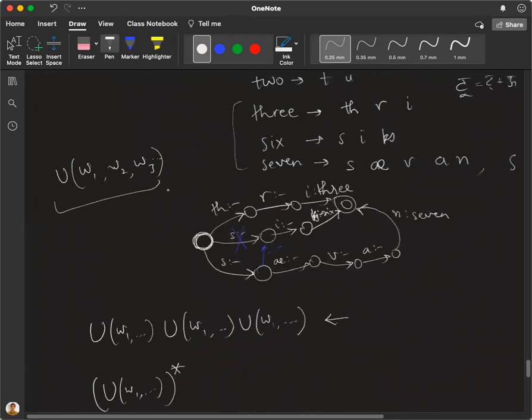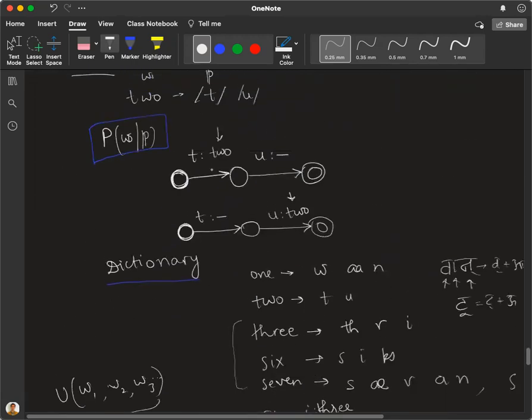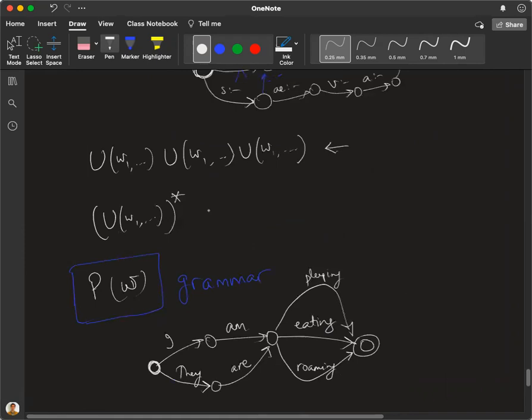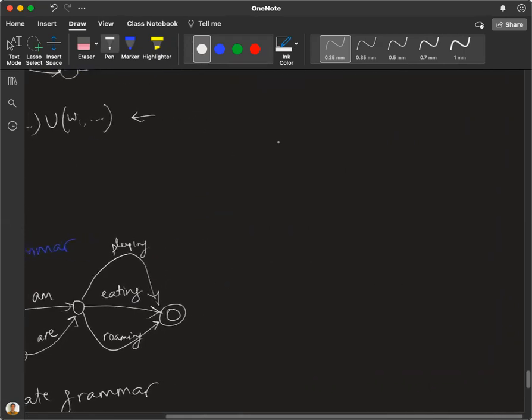So what you can do is you can model your P of W given P in this way, and then the grammar will put the constraint that I will have W intersection W intersection W. Let's say W is an FSM.